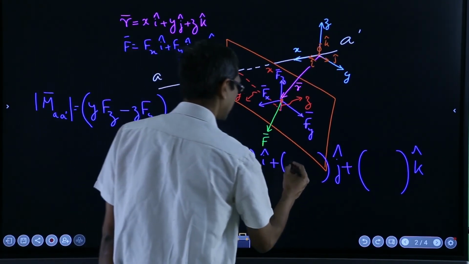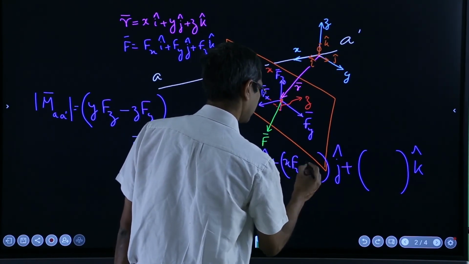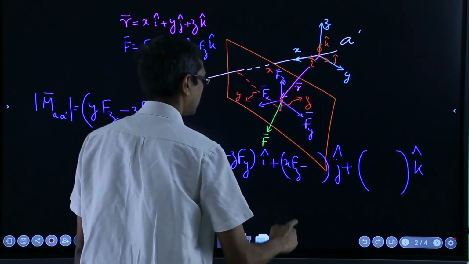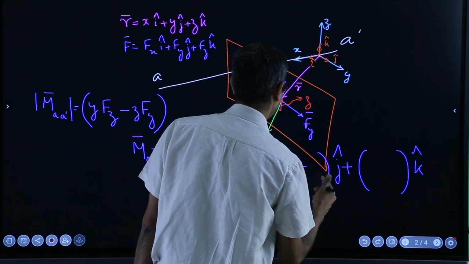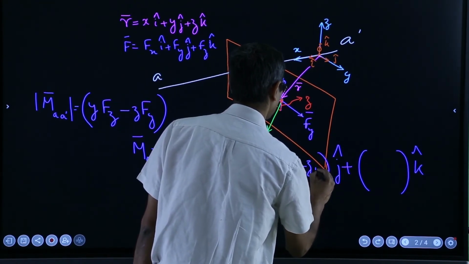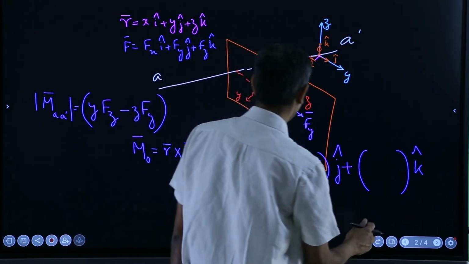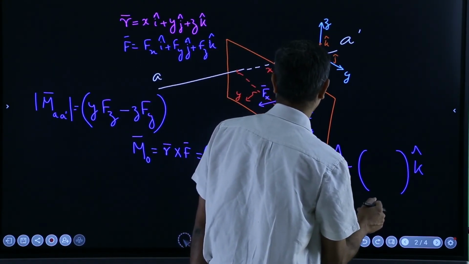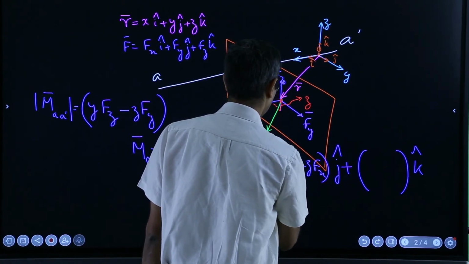And here you will get x fz minus, sorry, z fx. Maybe the signs are different, it will come like this.